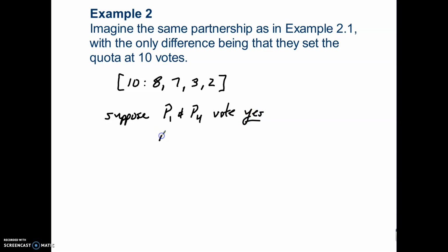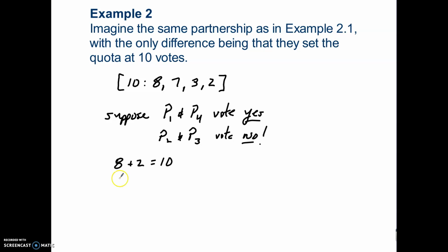Well, that means that player 2 and player 3 must have voted no. Okay, what does this mean? Well, here's what it means. It means that player 1 has 8 votes. Player 4 has 2 votes. That's a total of 10 votes, right?